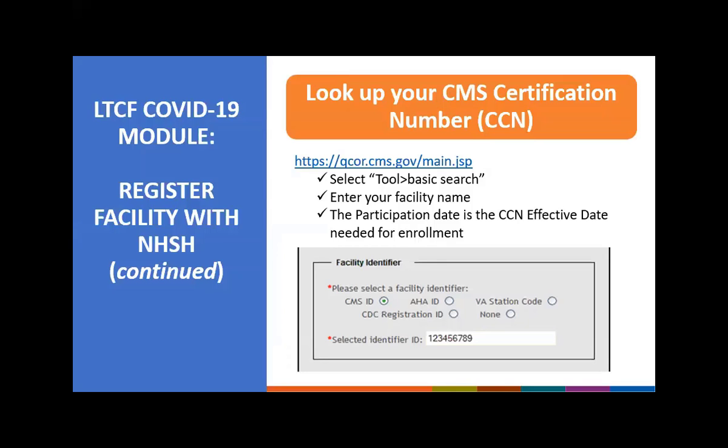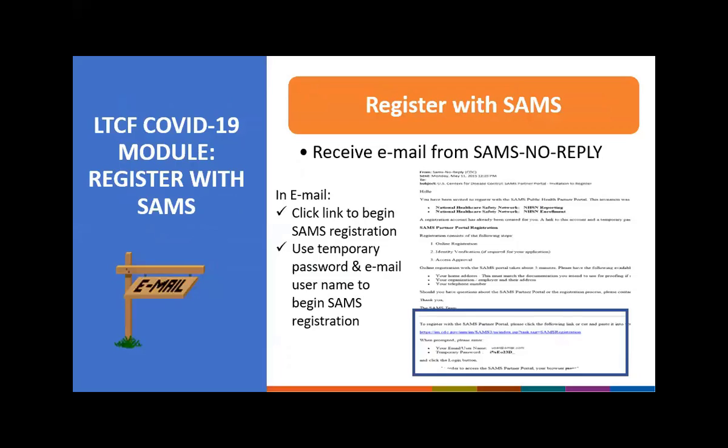So next, once you finish this registration, you're going to move to the next part. You're going to receive an email from SAMS No Reply, and this is why it's really important in the very beginning to make sure that you have your computer settings correct, because some facilities will block emails that are unknown. So we've had facilities in the past block any emails from NHSN, any emails from SAMS.